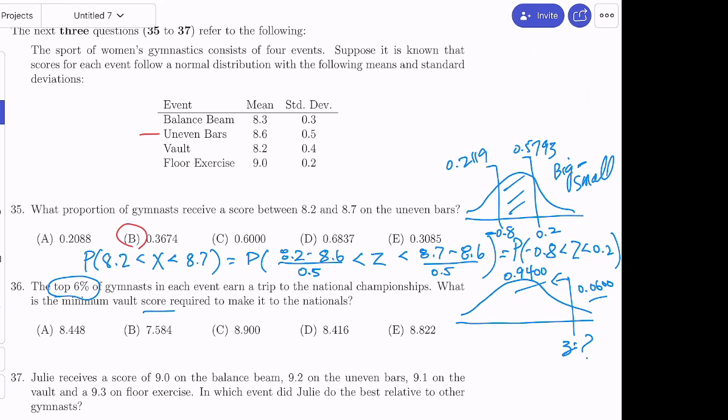Or each is 1 minus the other. So with that 94%, you look inside the table for that number. Do things backwards.